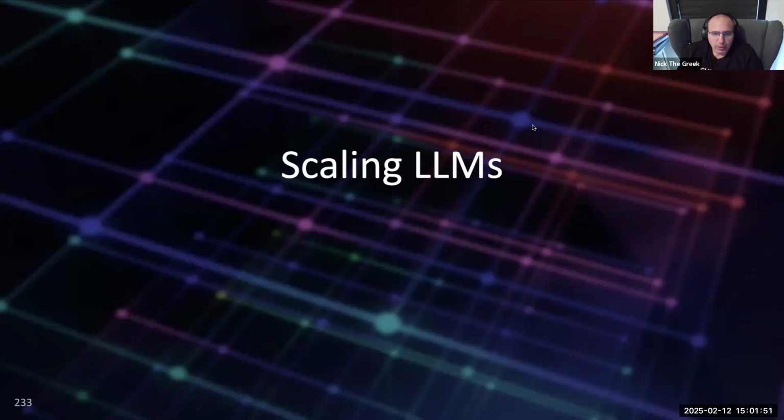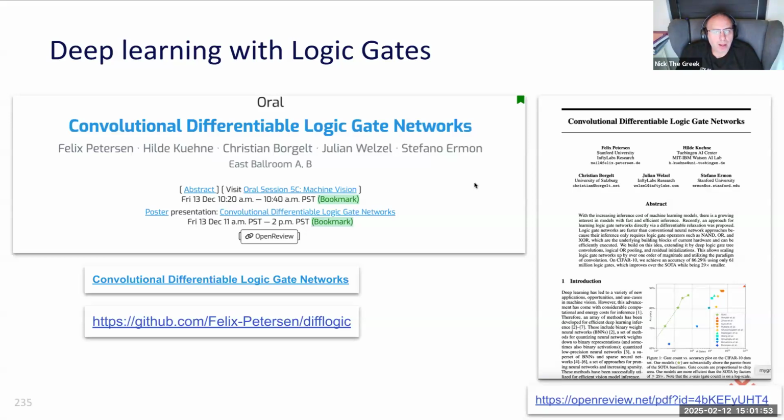But okay, so we talked about that before. One of the problems with deep learning in general, the thing that consumes most of the energy in the GPU and the space in the GPU, is the floating point multiplication.